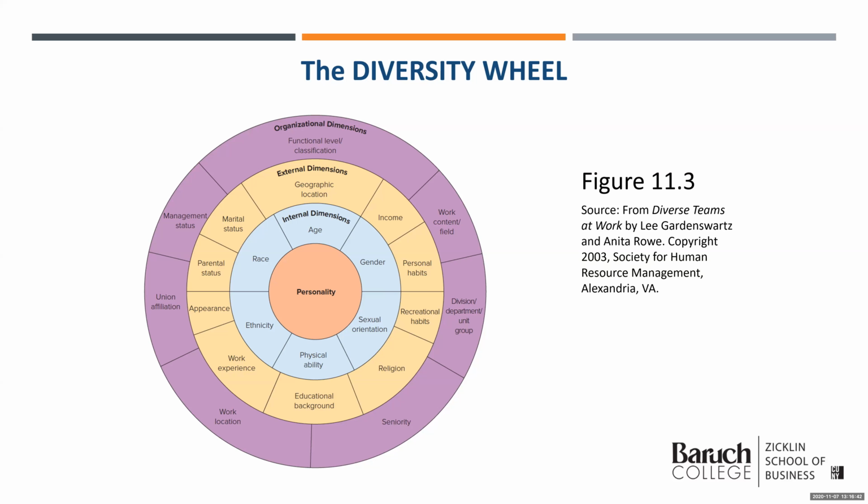Habits that you adopt will change. And then in the most outer layer of the diversity wheel are differences that you acquire based on your relationship to the organization you're employed with. That's just a way in which you can make sense of all the ways in which people differ.